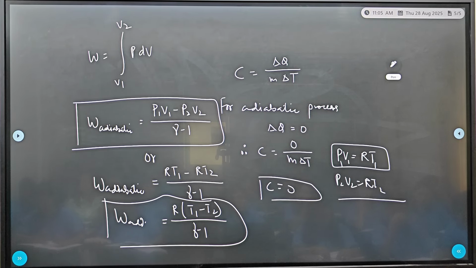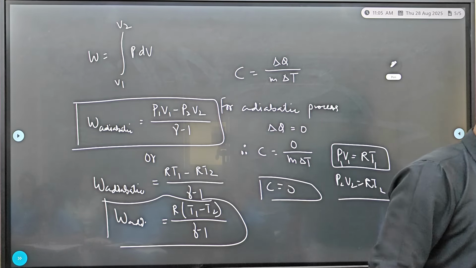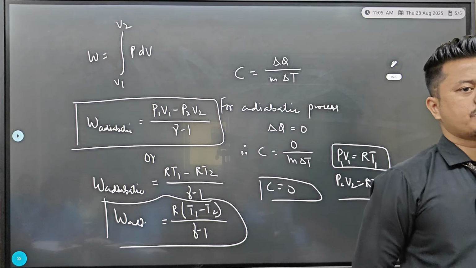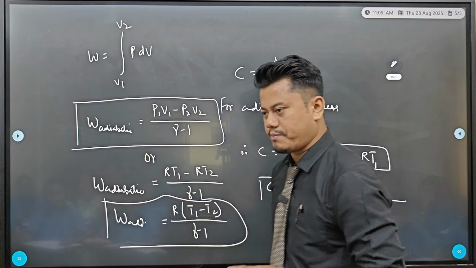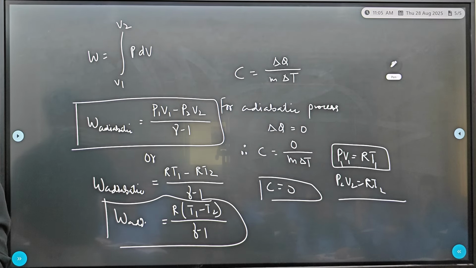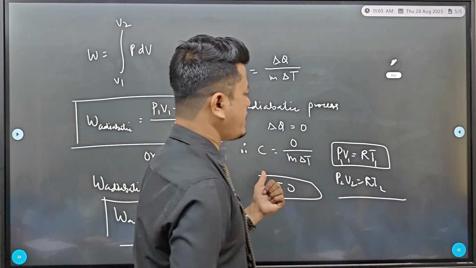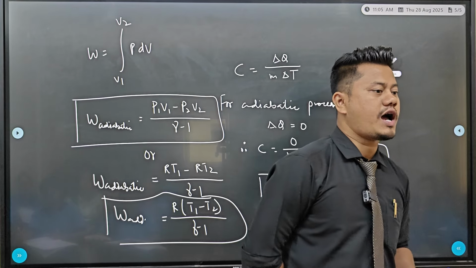Okay. These are the important terms, and please keep in your mind one thing. Isothermal and adiabatic process are very, very important in this chapter. 70 to 80% of the questions are coming from this part only. Sometimes they are giving questions from the isobaric and isochoric. But we are going to complete each and every term. Since we have completed isothermal and adiabatic, let's proceed to the isobaric now.